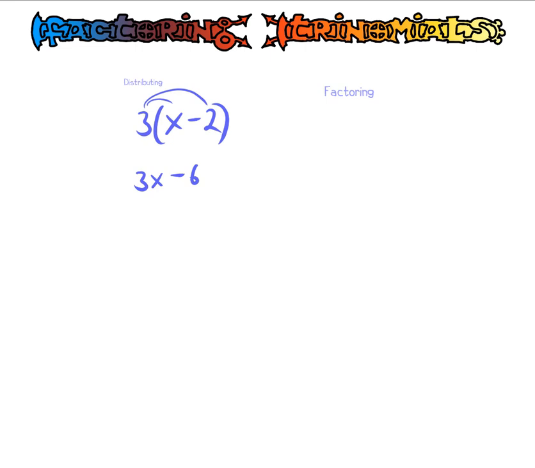If we're factoring, I'm going to get back to my writing layer and start with my 3x minus 6 this time. Instead of putting something into it, I'm going to take something out of it. The way I do that is I ask, what factors do these two have in common?